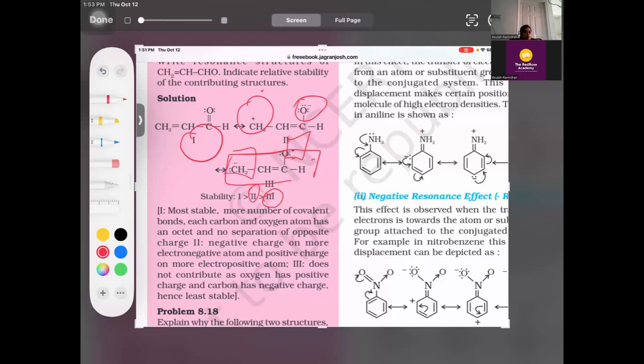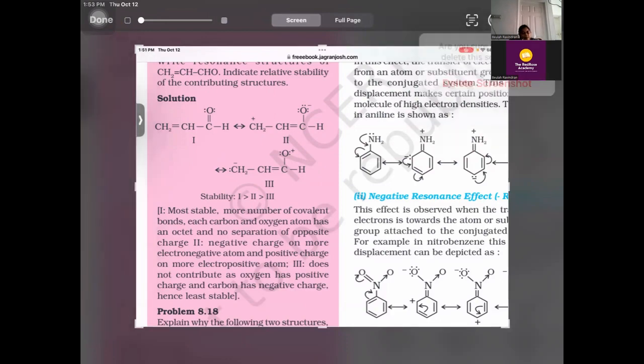So it is less stable. Less stable means it won't last for long. It will not be a permanent product.